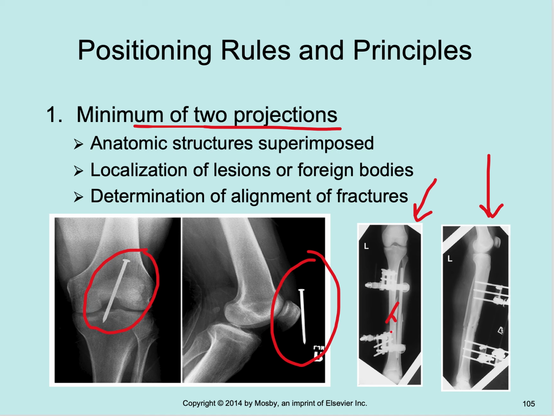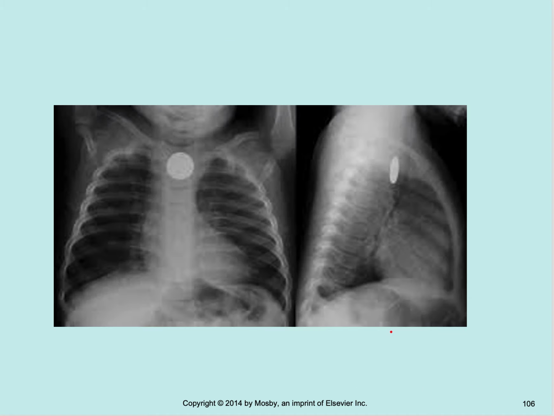So, common positioning rule: minimum of two projections 90 degrees apart from one another, especially in a trauma situation or if you're localizing a foreign body or a lesion and/or determining alignment of any types of fractures. So as you can see here, this is a child that has a foreign object that they have swallowed.